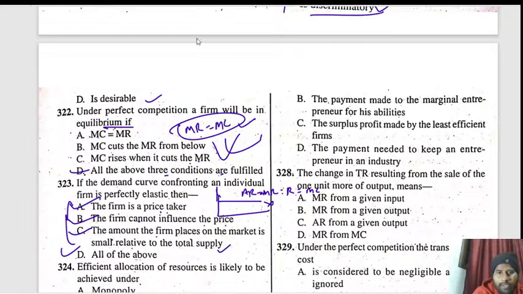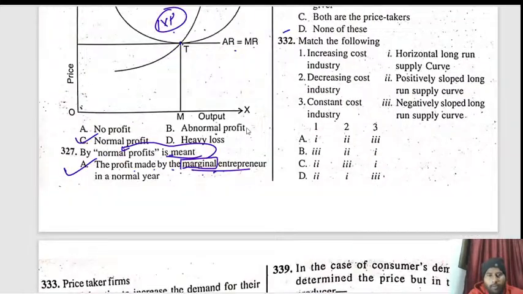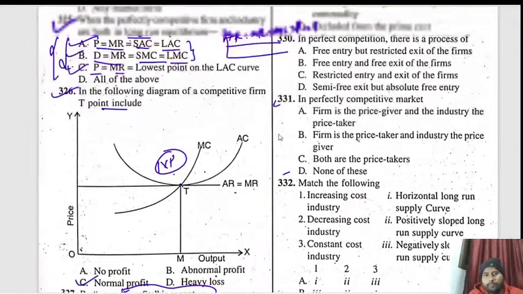Here, the second option is the payment made to the marginal entrepreneur for his abilities, the surplus profit made by the least efficient firm, the payment needed to keep an entrepreneur in an industry. So all these terms are somehow related to each other and seem to have the same meaning, but what I think will sound more correct is option A: the profit made by a marginal entrepreneur in a normal year.